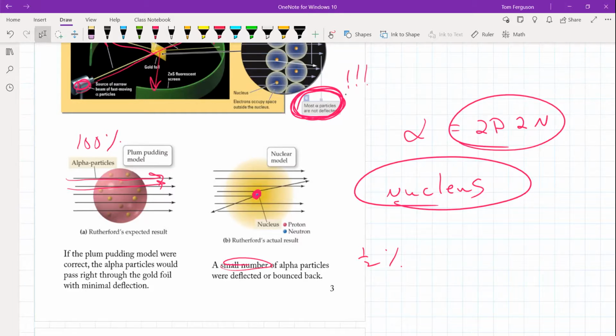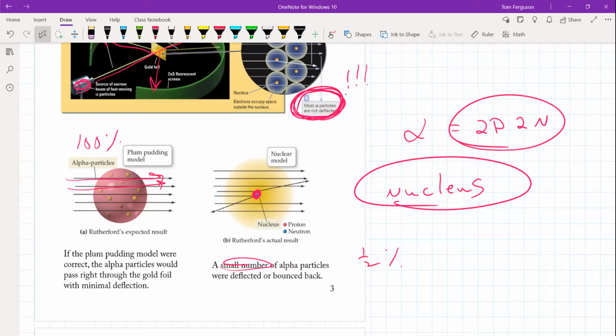Everything else is just the leftover electrons. They were somehow, in some fashion, outside the nucleus. Now, he didn't say how they're organized or whether they're organized at all. He didn't specify that. He just said the protons and neutrons make up a massive amount of mass inside the atom, and that's centered in something we're going to call the nucleus.